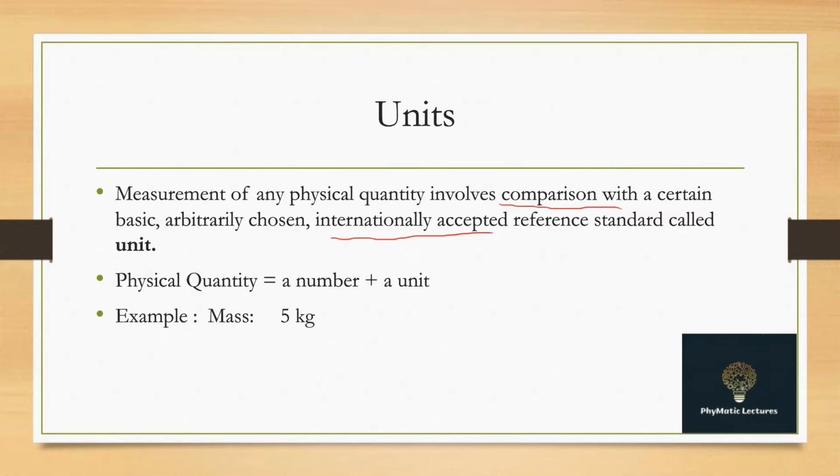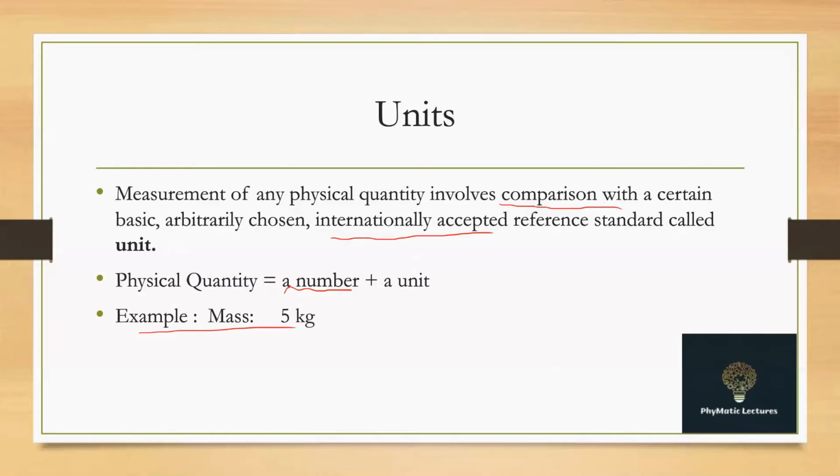Okay, so if you are measuring a physical quantity, it especially has two components. One is that the physical quantity is expressed by a number, and another thing is that in the tail we are attaching its unit. I wrote an example here.